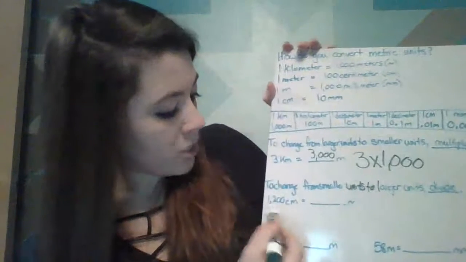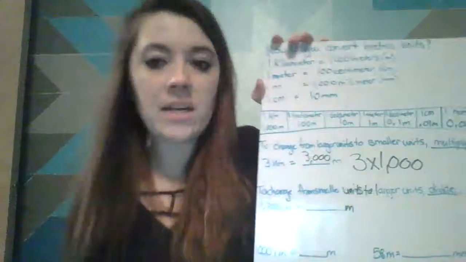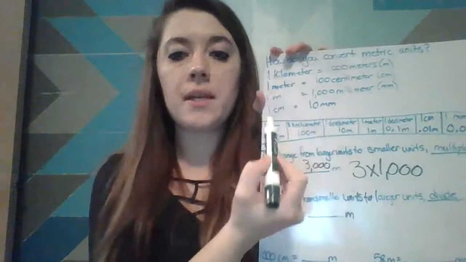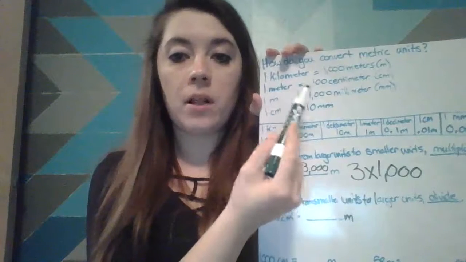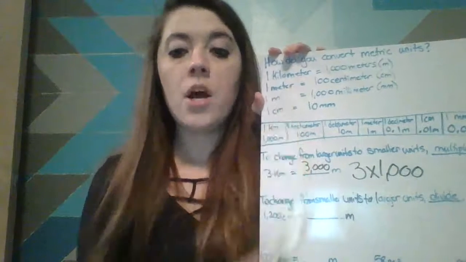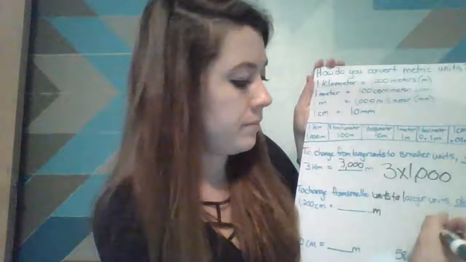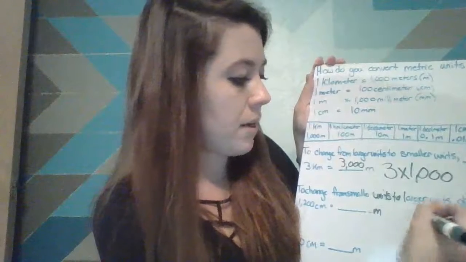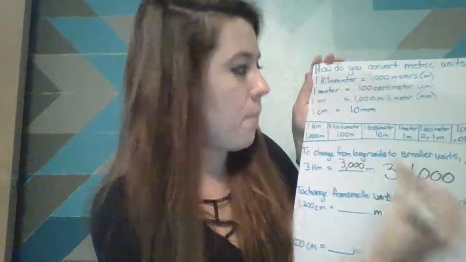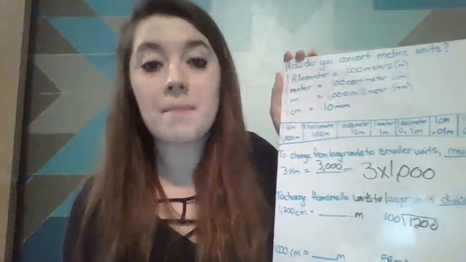So here we have 1,200 centimeters is blank meters. A centimeter is smaller than a meter. It takes 100 centimeters to equal 1 meter. So we're going to take this 1,200 and we're going to divide by 100, since 100 centimeters equals 1 meter.